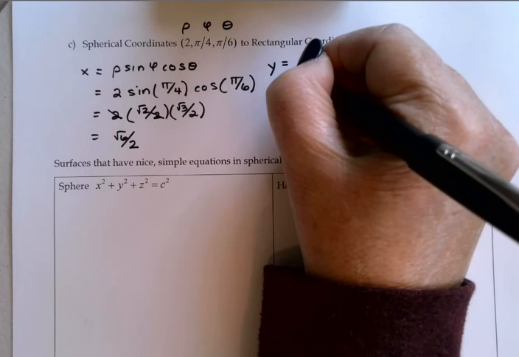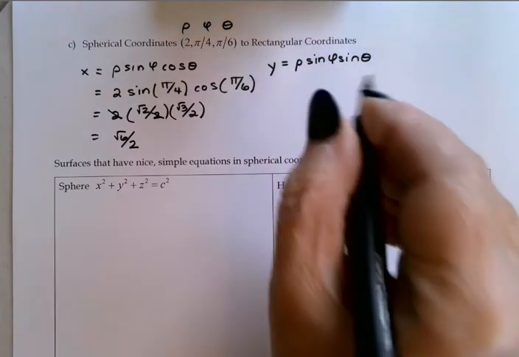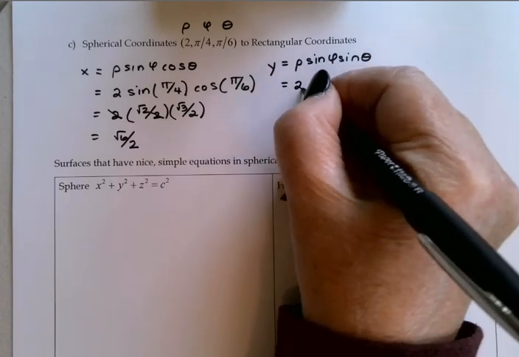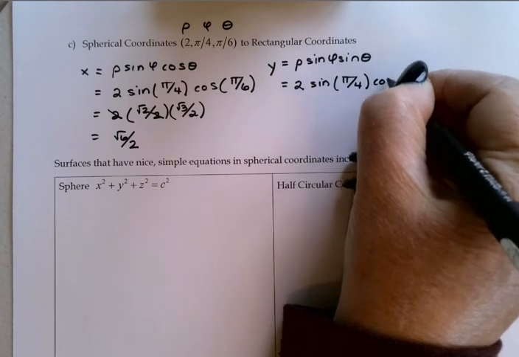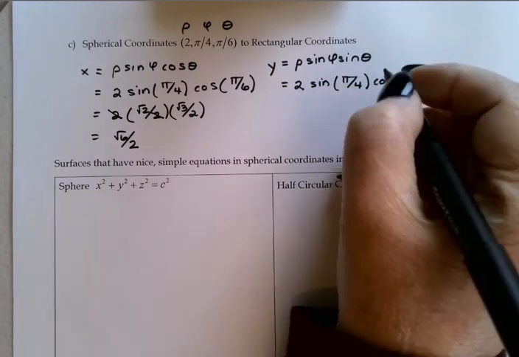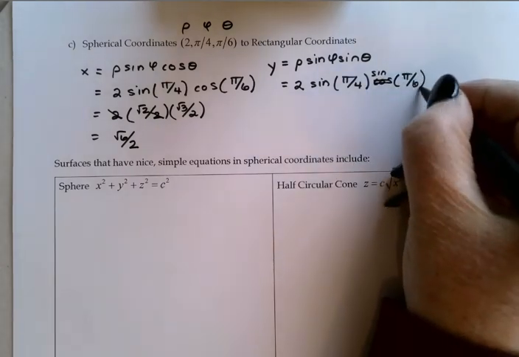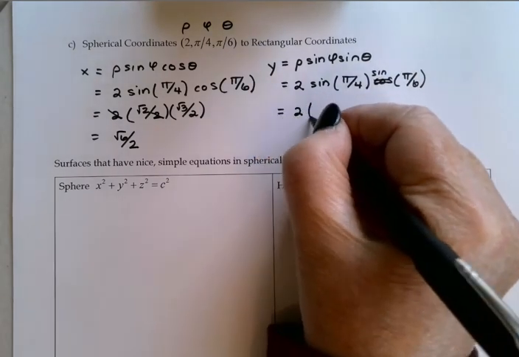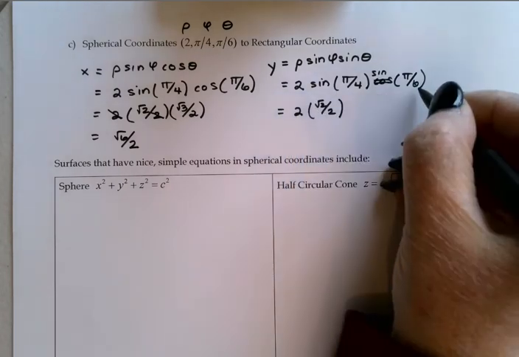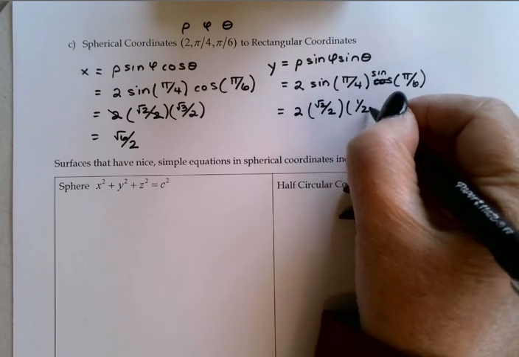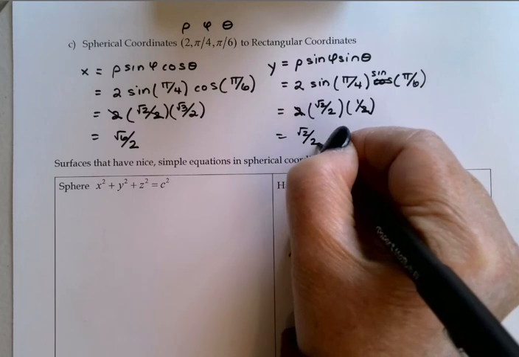I just grab the formula, rho sine phi sine theta, and plug in the values. Oops, sorry, those were both supposed to be sines this time. Again, sine of pi over 4 is the square root of 2 over 2. And the sine of pi over 6 is 1/2. So I get the square root of 2 over 2.